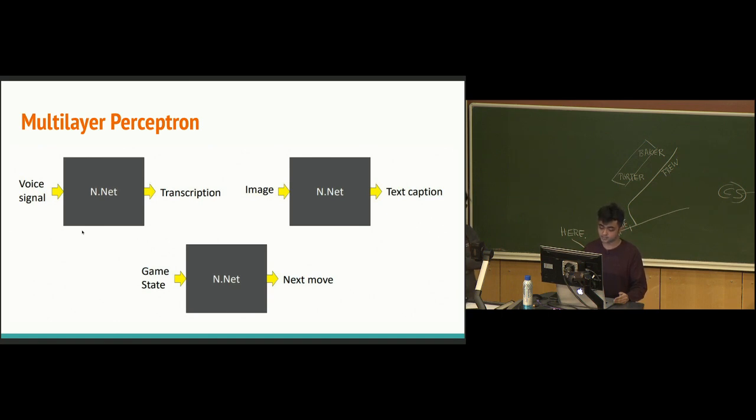Then the second one takes in as input the image and outputs the text caption. And the final neural network takes the game state as an input and outputs the next best move. You might have seen the AlphaGo neural network, which beat Lee Sedol, that behaves something like this.